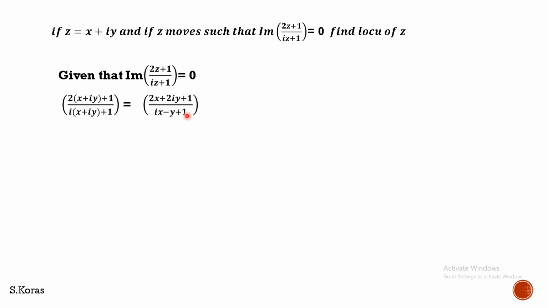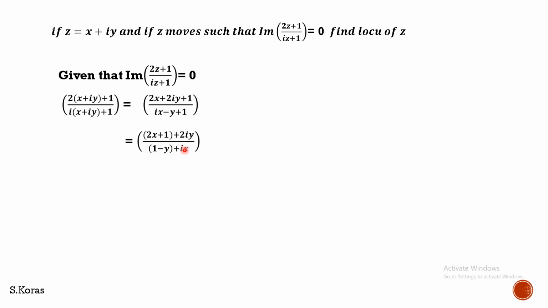Now let us collect real parts together and imaginary parts together for the numerator as well as for the denominator. So our answer will be 2x plus 1 plus 2iy, and for the denominator, 1 minus y is our real part plus i into x, that is our imaginary part. As you know very well, we should not keep an imaginary part in the denominator.